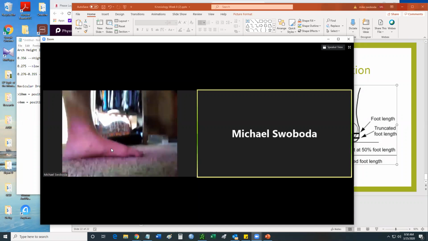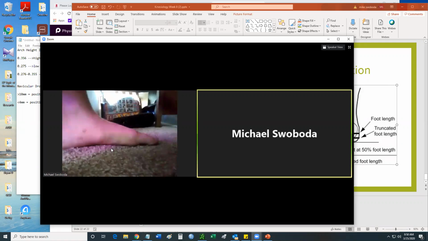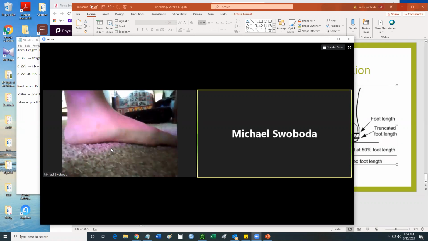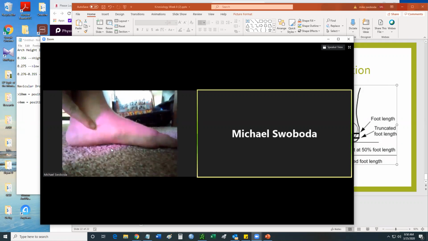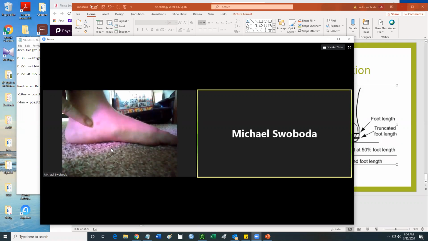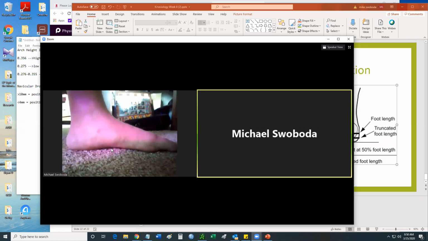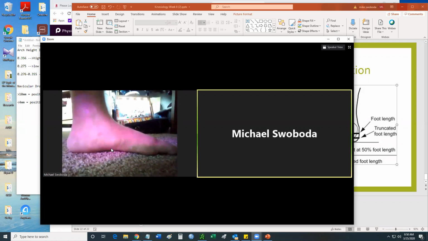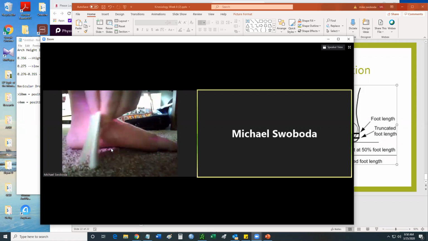Here you can see right where I've marked my navicular bone, that nice little dot there. You then take a piece of paper and put it right up against that.